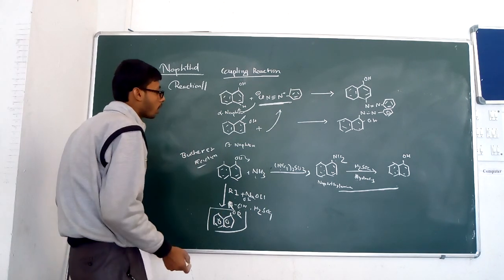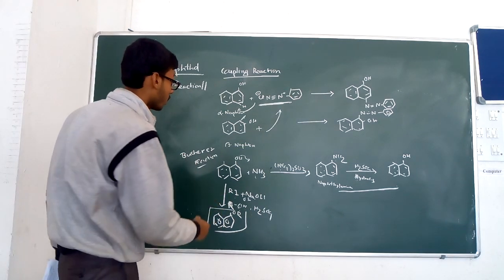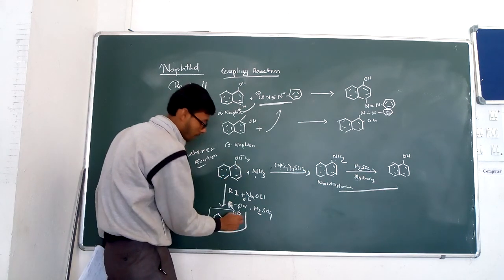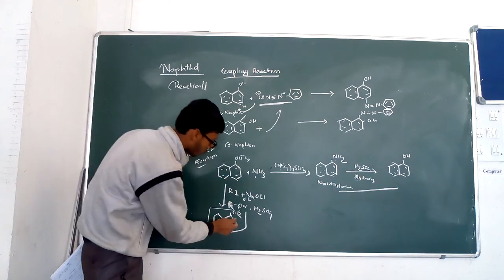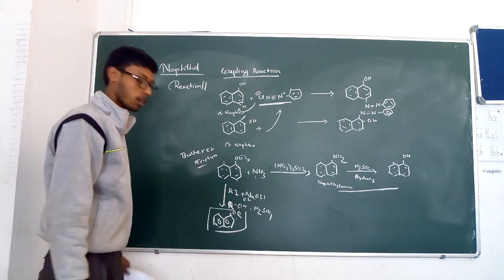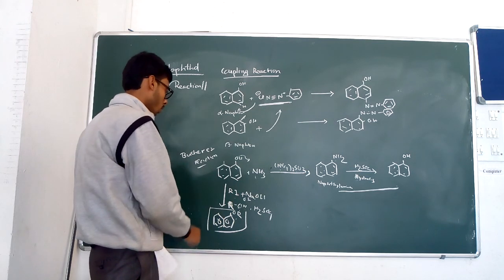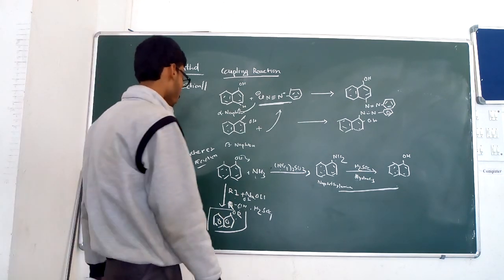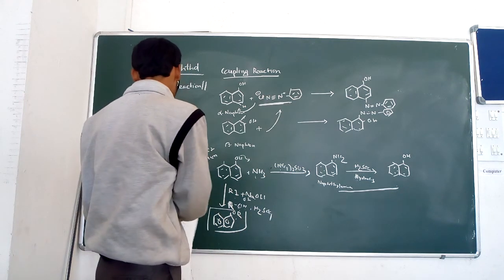And when the same reaction is carried out with beta naphthol, the OR substitution occurs at the 2 position. So that is also the 2-ethyl naphthyl ether of beta naphthol.